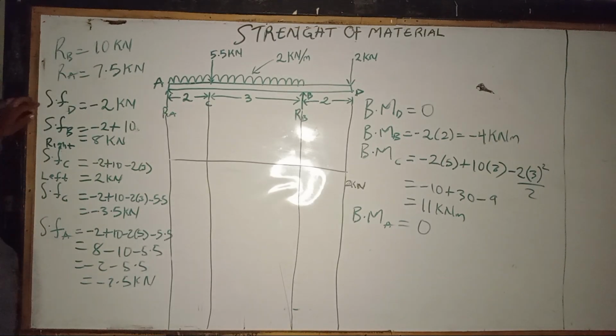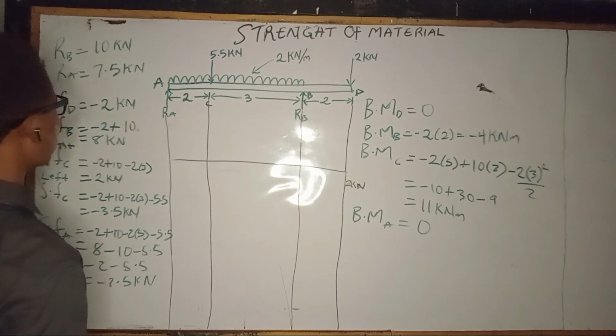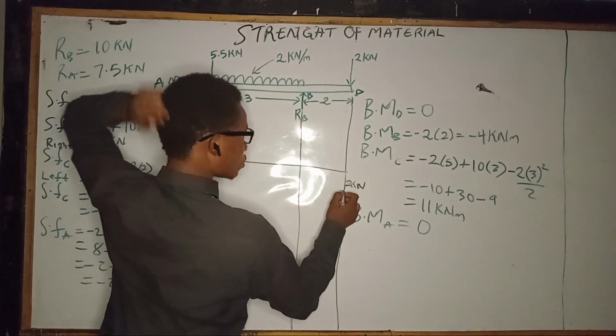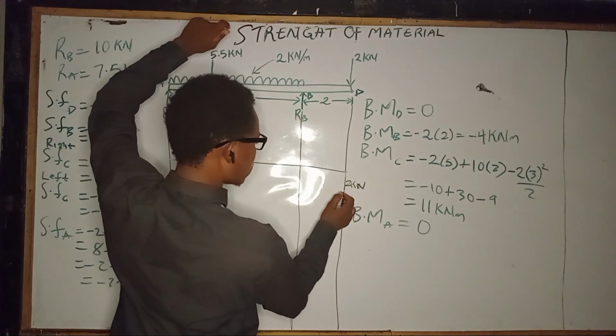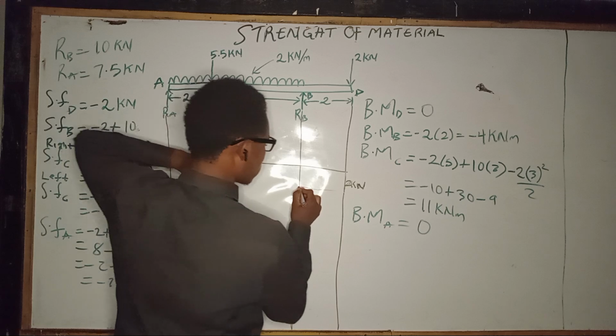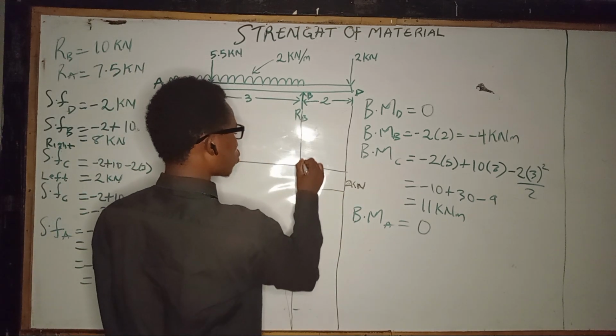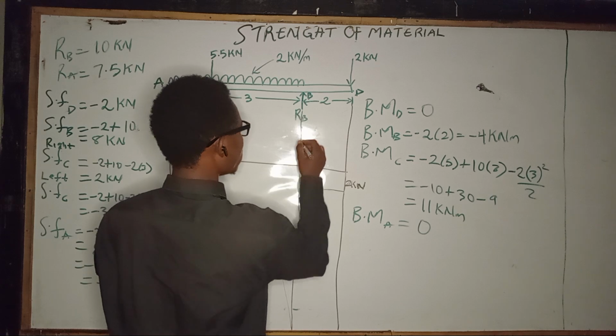Then our shearing force at B is equal to 8 kilonewton. That means since it is a point load, we have a 1 degree line up to this point, and it goes up to 8 kilonewton.